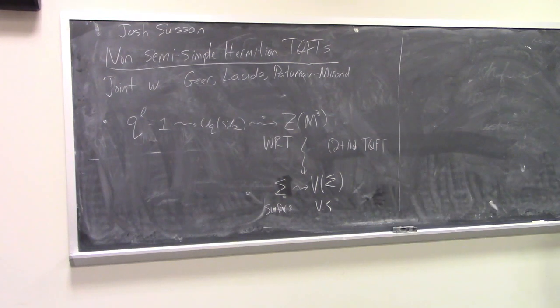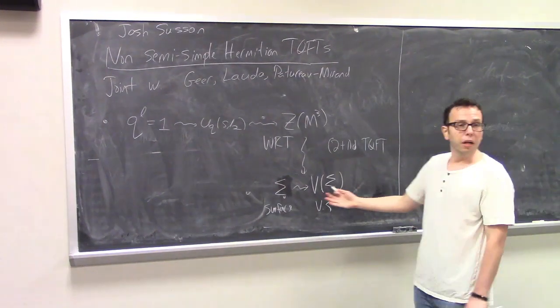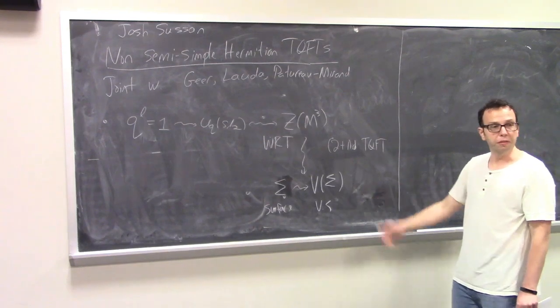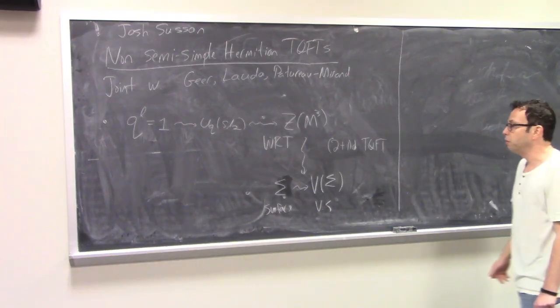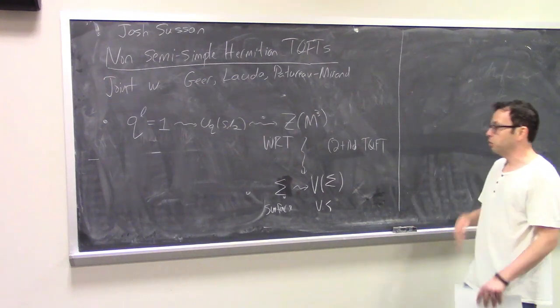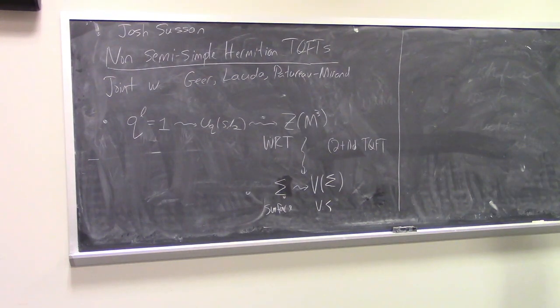In order for a TQFT to be physically relevant, you would like this finite dimensional vector space to have some extra structure, like a Hermitian structure.